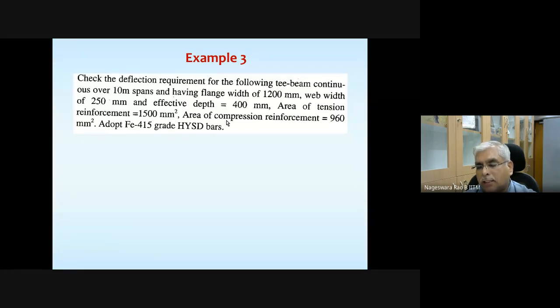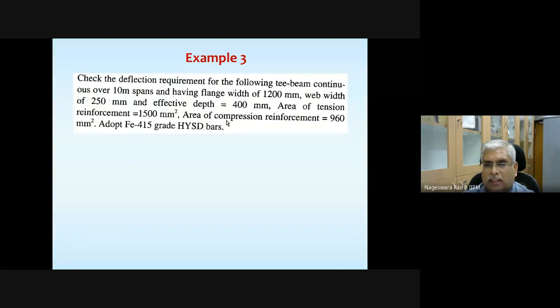It's a continuous beam over a 10 meter span, having flange width BF of 1200 mm and BW of 250 mm. Please note that BF and BW are given because we need to read figure 6 of IS 456, for which you are required to know the ratio of these things.